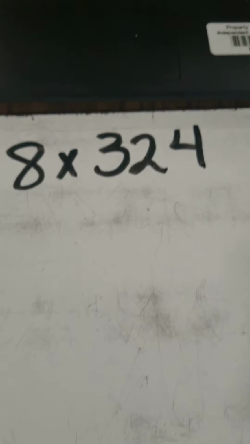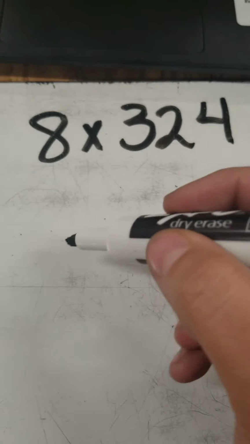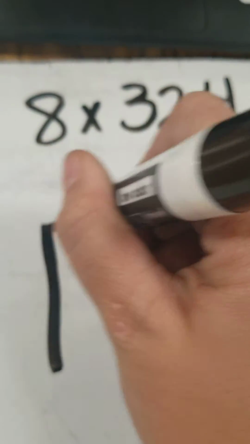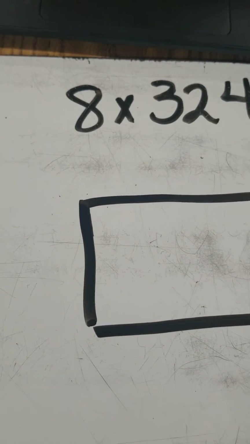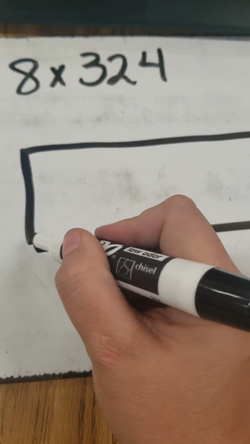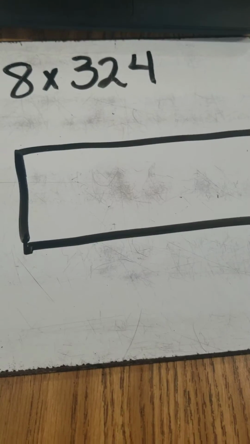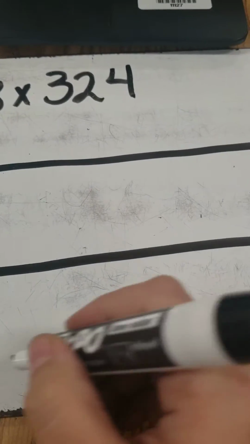The reason that we can use an area model is an area model is a rectangular array. And we know that in a rectangular array our product can be calculated by multiplying our rows times our columns.